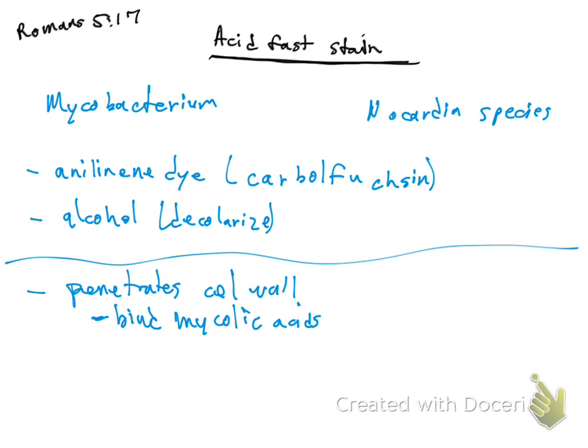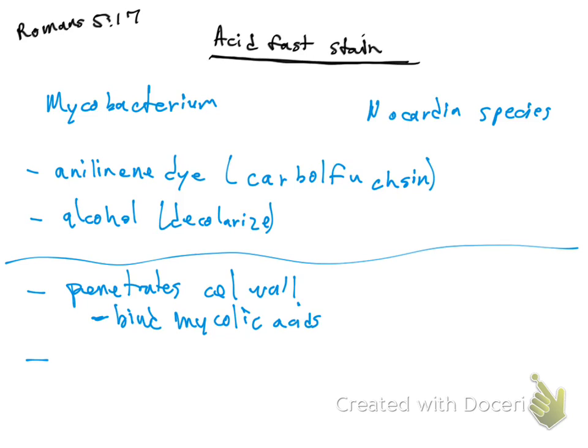Then, do you remember that you have this on a slide? The slide is going to be treated with the alcohol that I mentioned before, or it could also be hydrochloric acid. Now, what is this acid going to do?